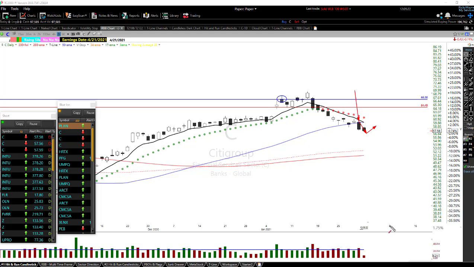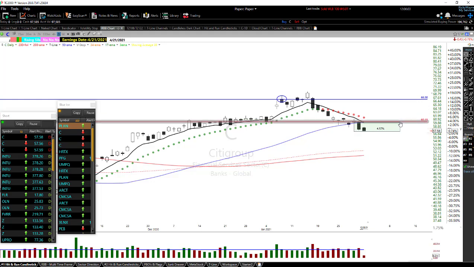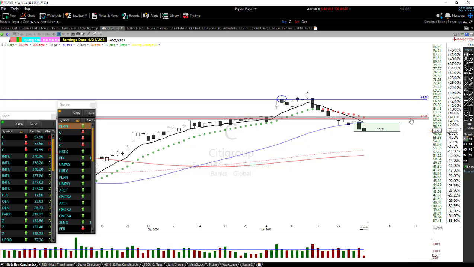I think Friday would have been a great day to short this, and I think today would be a good day to be short this. If it pops up, then it just simply pops up. We all know charts don't go up without pullbacks, and charts don't go down without pull-ups. So say you're shorting this right now, it's still at that level. I would probably use the 50, or just ever so slightly above it.